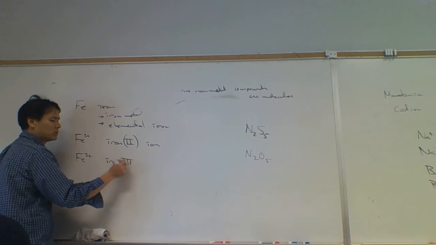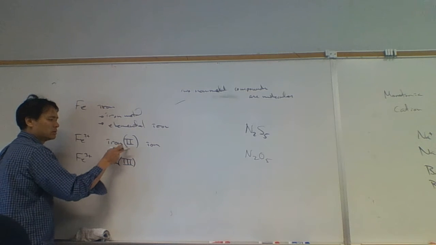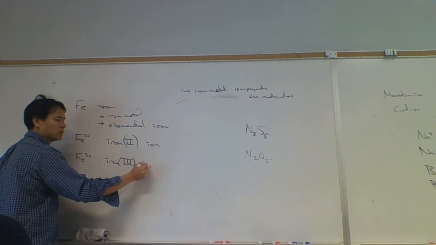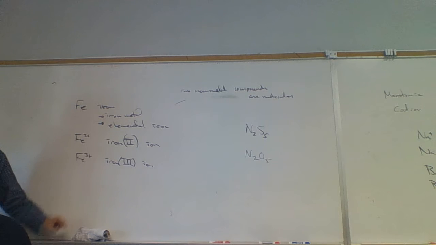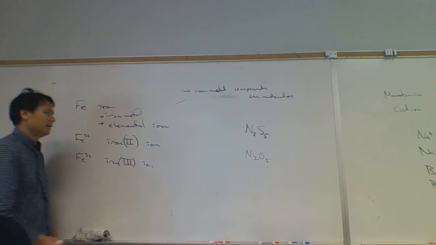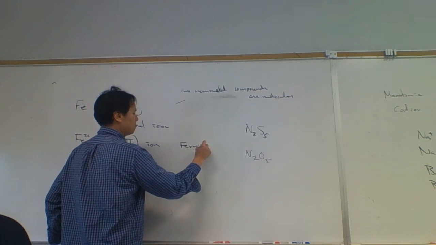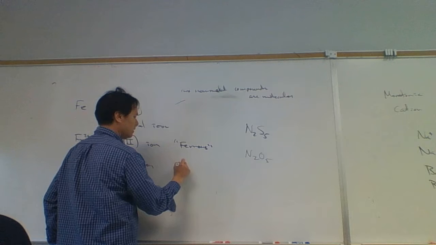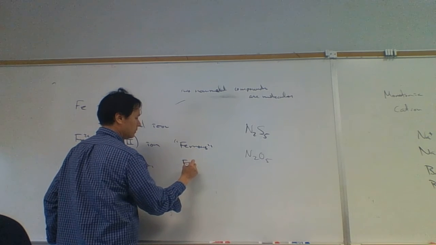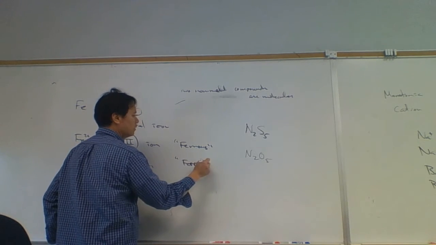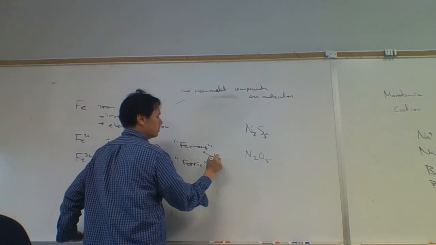Now the Roman numeral just tells us what the charge is. So this is +2 charge on the ion. This is +3. So this is iron 2, iron 3. Can you also say like for this, ion? Yeah, in the old days they called this ferrous, and they called this one ferric. The ferrous is the lower charged.